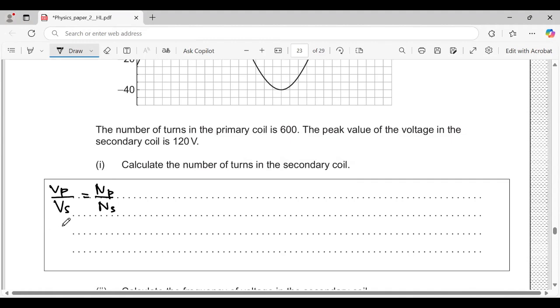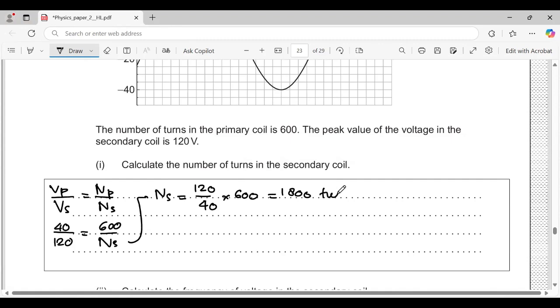According to the information, it is 40 over 120 equals 600 over N secondary. So N secondary equals 120 over 40 times 600, and it is 1,800 turns.